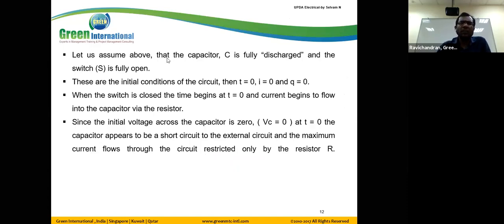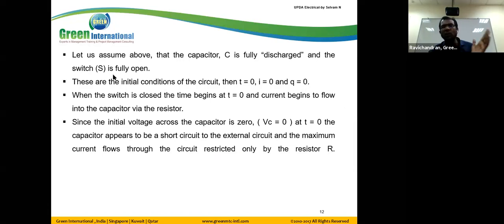So let us assume the capacitor C is fully discharged. That is the ideal condition. Assume that the capacitor does not have any voltage or any charge. It's a purely discharged capacitor, and the switch S is fully open.